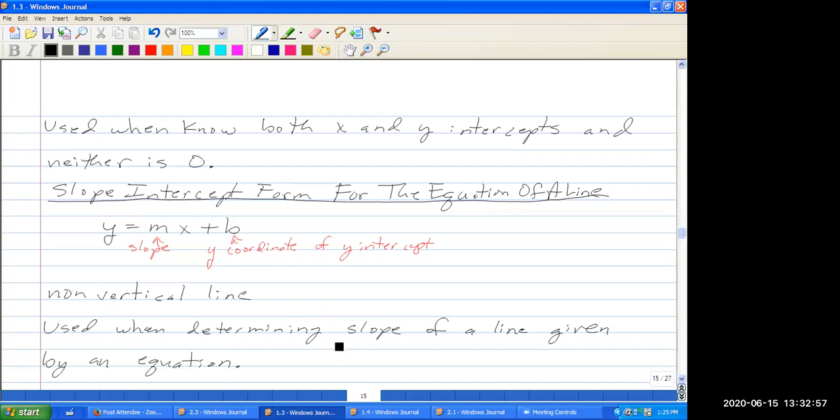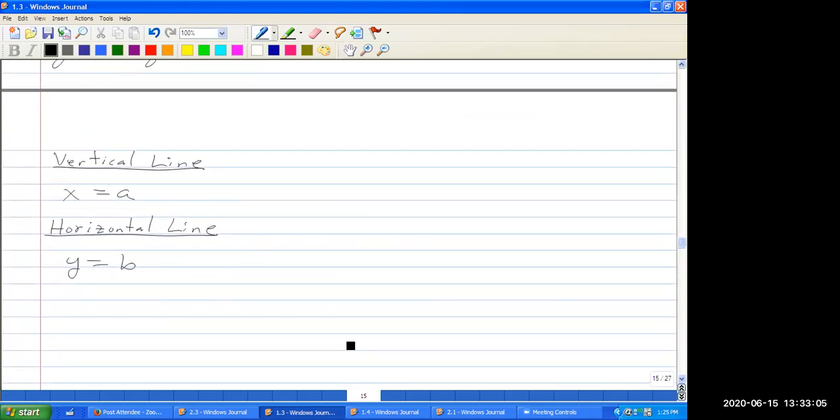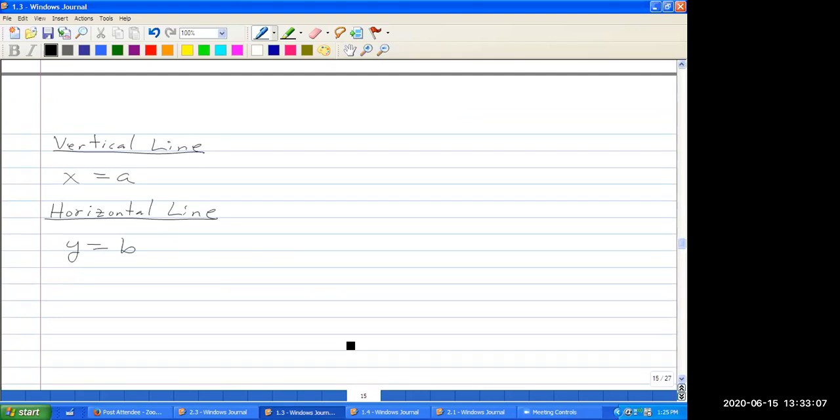Well, you use this when you're trying to determine the slope of a line given by an equation. The vertical line is just x equals some constant, say a, and a horizontal line is just y equals some constant. So those are the equations of a horizontal and a vertical line.